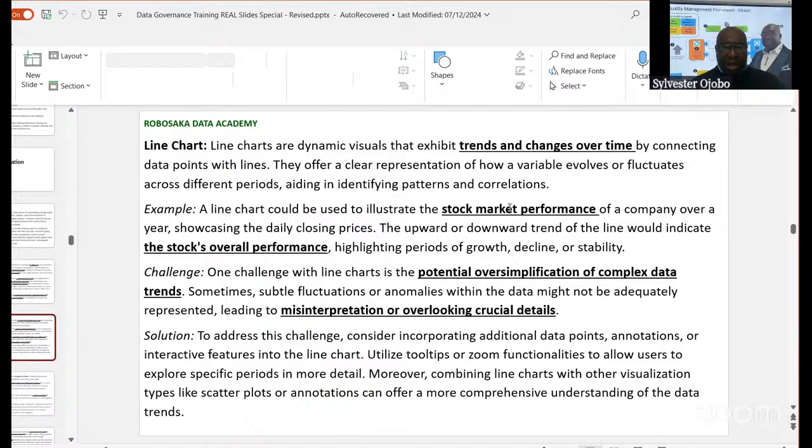All right, sometimes you can also utilize tooltips or zoom functionalities to allow users to explore specific periods. That's what I just explained anyway. Moreover, combining a line chart with other visualization types like scatter plots, or annotations, can offer a more comprehensive understanding of data trends.